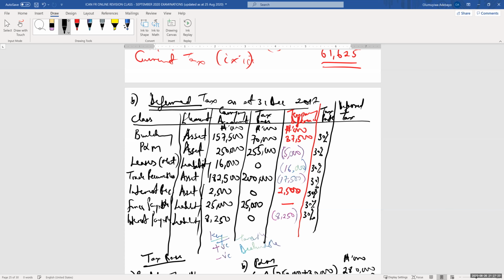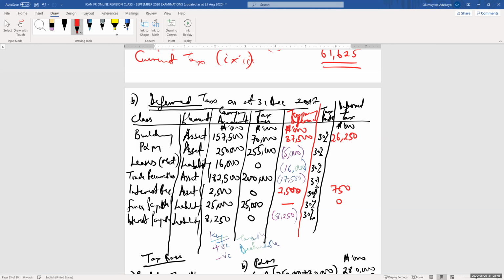My deferred tax, the one that is taxable, which is in red, positive red, will give me deferred tax liability. Is that not? 30% times 87,500 gives me 26,250. Let me also do 25 times 30. Let me do the liability first. That's 750. Yes. And this is 0.